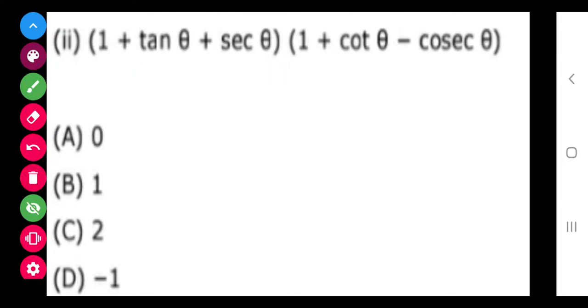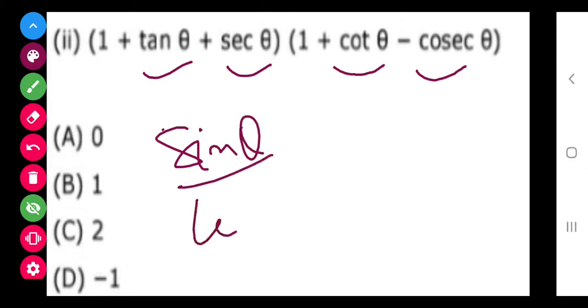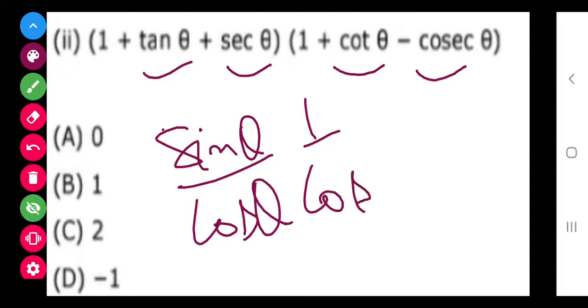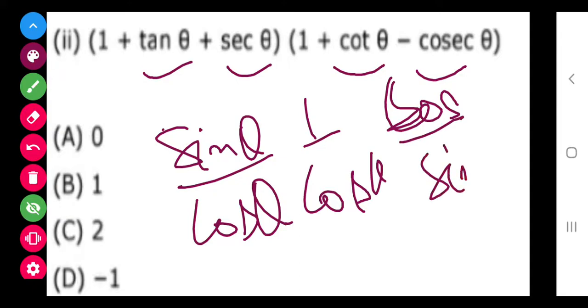So whenever this type of question comes, you will convert into sine and cos. Tan you can write sine upon cos, sec you can write 1 upon cos, cot you can write cos upon sine, and cosec you can write 1 upon sine.